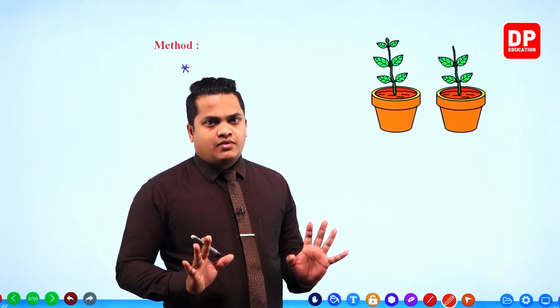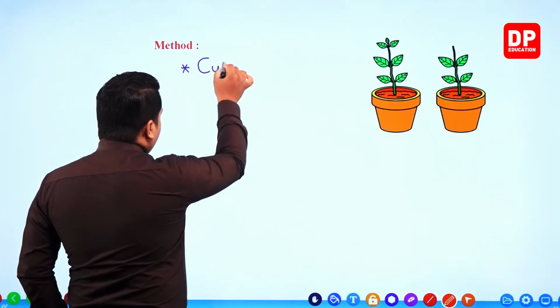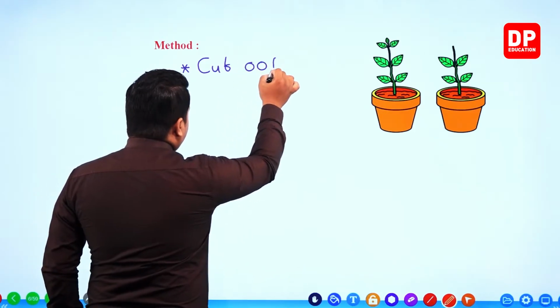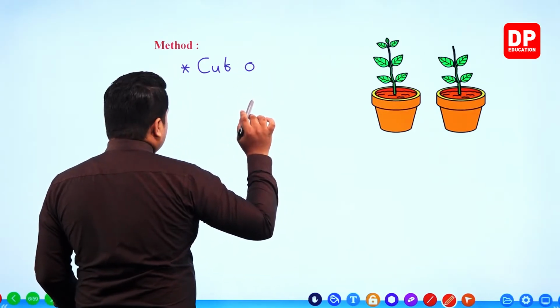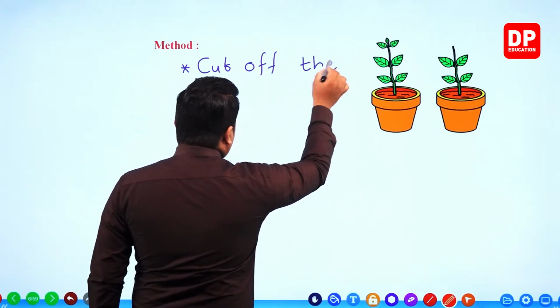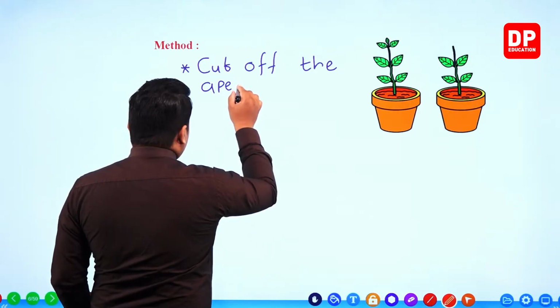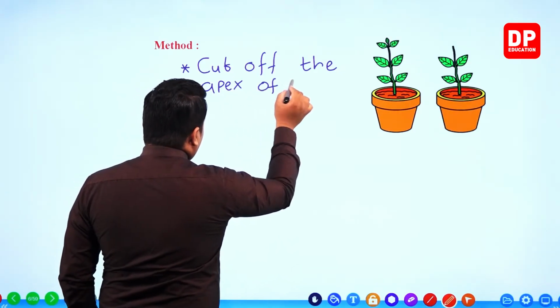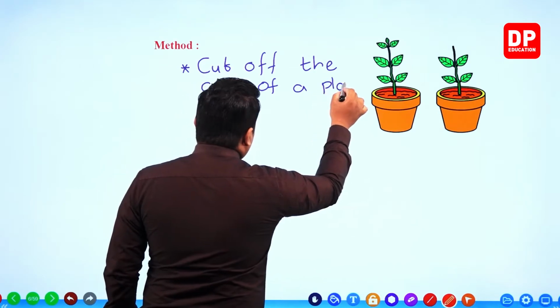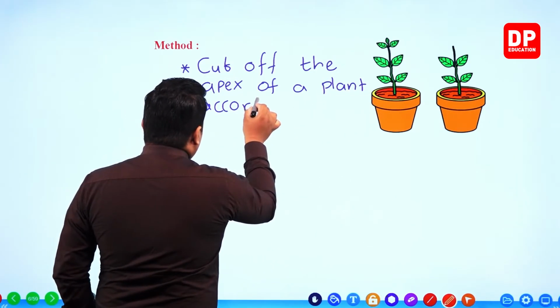Just one plant. So cut off the apex of a plant according to the figure.